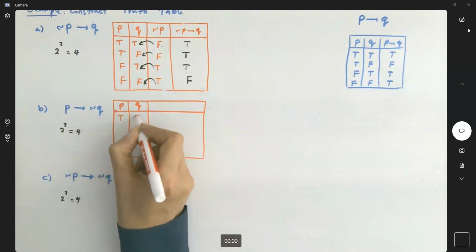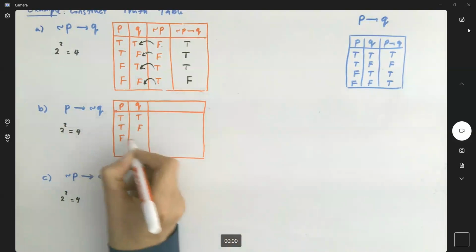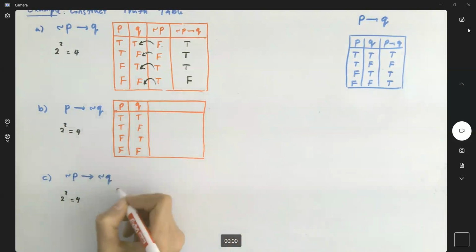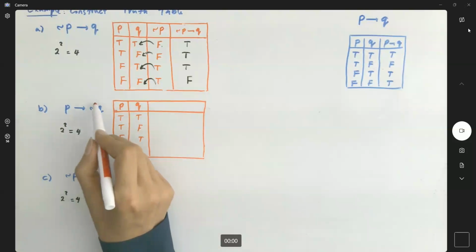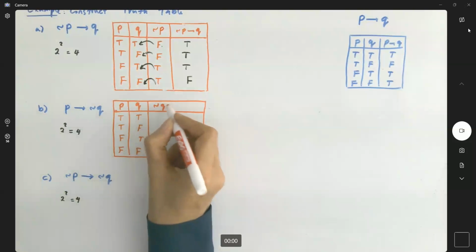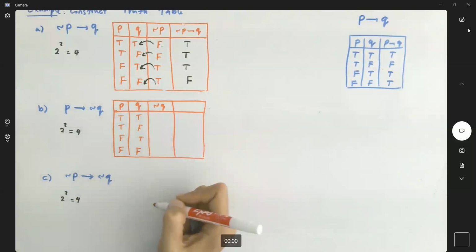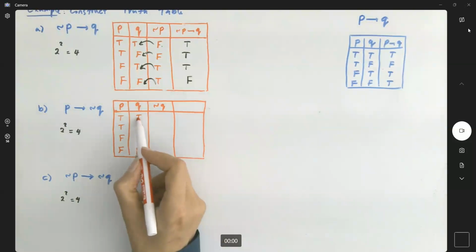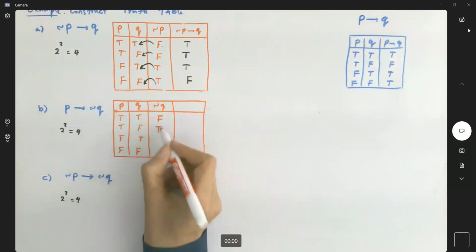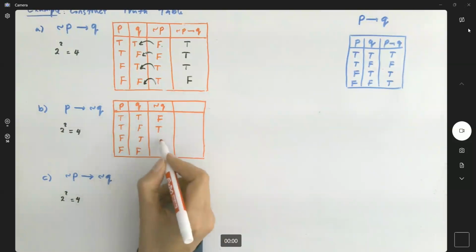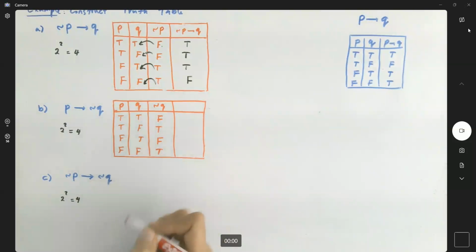I have true, true, true, false, false, true, false, false, all 4 combinations. I also need to have negation of Q. So in your next column, you're going to construct the negation of Q. True, the negation of true, false. False, the negation is true. True, the negation is false. False, the negation is true.